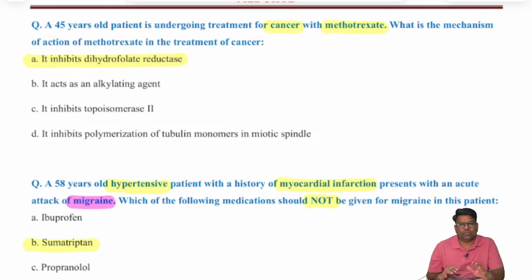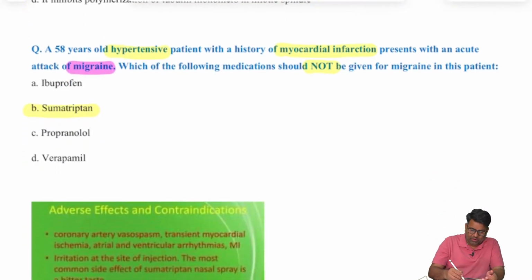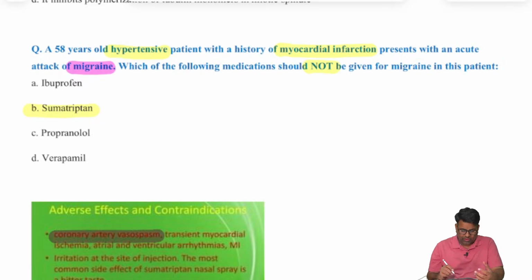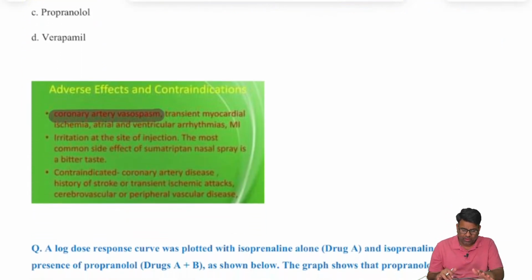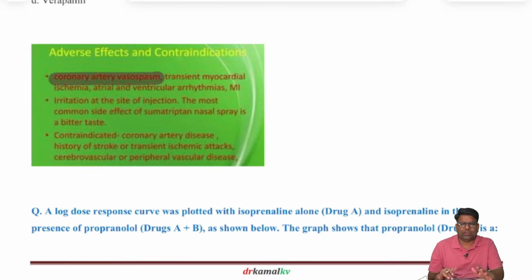Never give sumatriptan in a case of migraine who is having a past history of myocardial infarction, because they have a tendency to cause vasospasm. Right? So that is coronary artery vasospasm, and therefore one who is already having a past episode of myocardial infarction should not be prescribed this drug. So sumatriptan should not be given to a case of migraine with previous history of myocardial infarction.